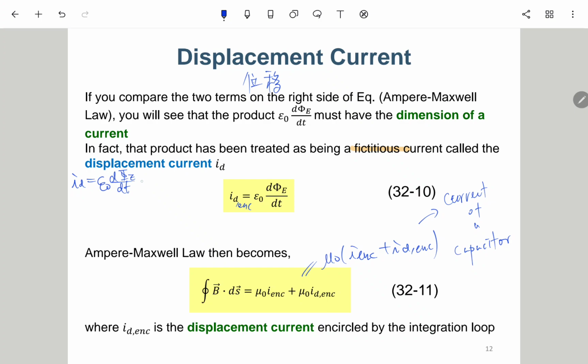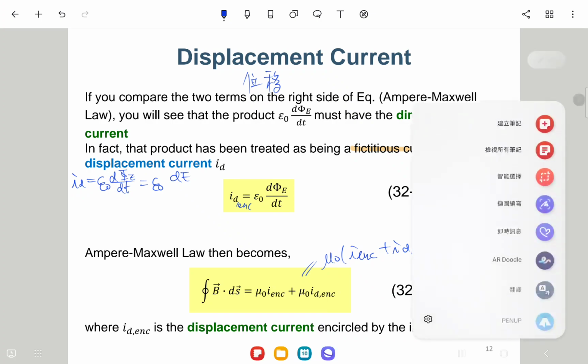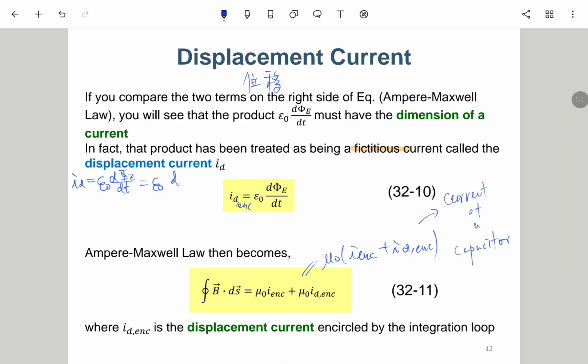Okay, so actually we have epsilon naught and then d E A. Okay, so phi e is E times A, and then we try to put this A out. Epsilon naught and then times A and then dE dt.